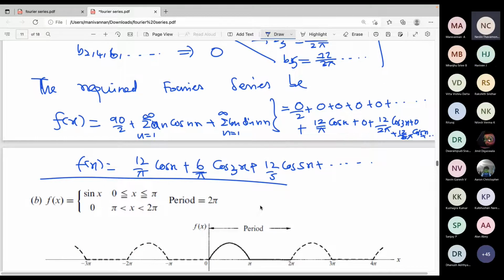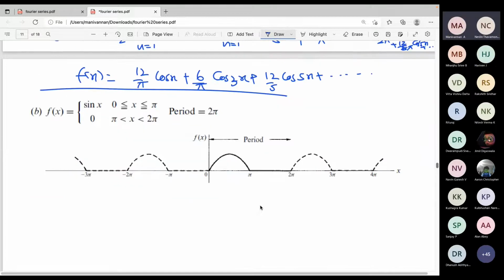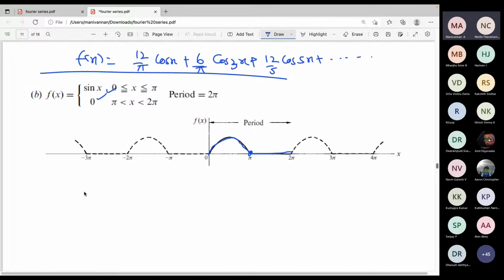Yes, sir. So this is the Fourier series part, and from this problem it is a wave of sine from 0 to pi, and then from pi to 2 pi it is 0. So if I am computing the Fourier series for this case, it is pi form, am I right? Yes, sir. And in which interval is it defined? 0 to 2 pi.